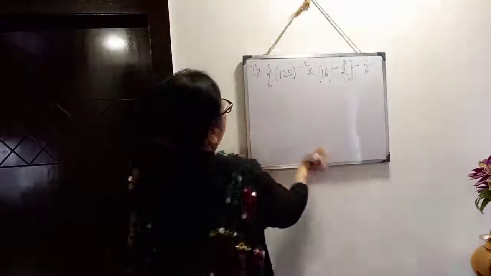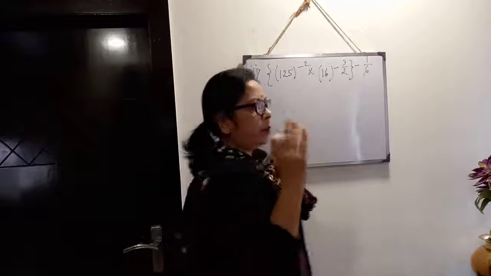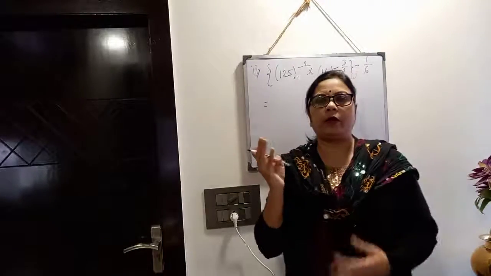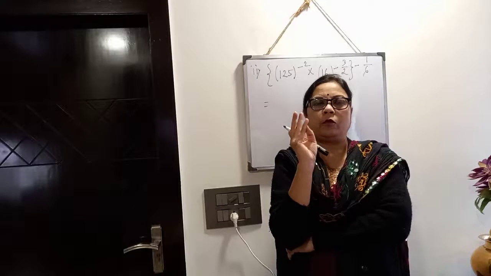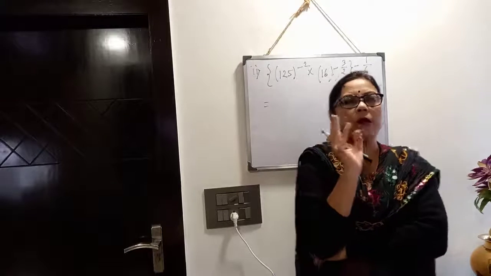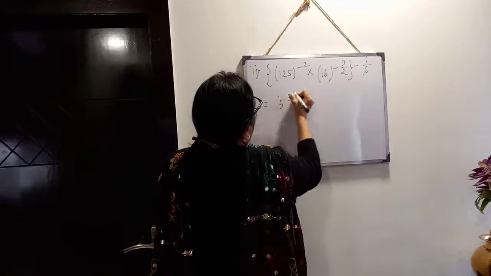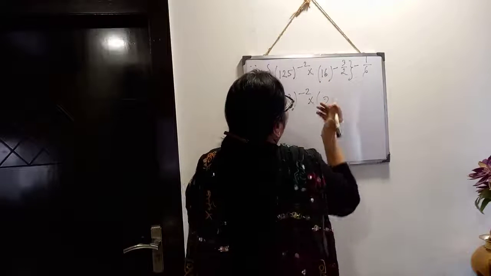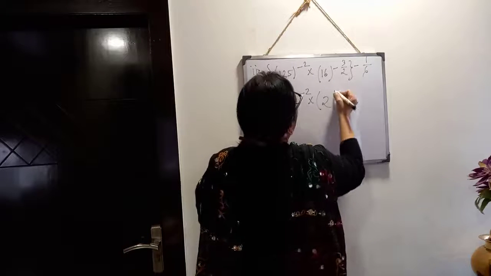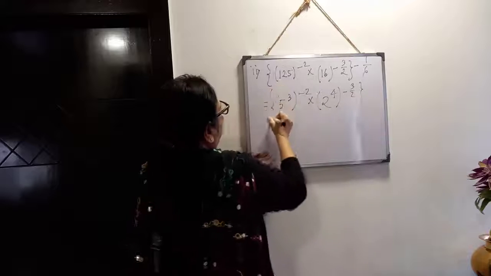So here first we'll open this. 125 in terms of 5: 5 5s are 25, 25 5s are 125. So 5 cube. Clear? So in place of 125, we can write 5 cube, and the power is minus 2. Here 16, you know, is an even number, so 2 to the power 4, 2 4s are 8, 2 to the power 4, to the power minus 3 by 2, whole to the power minus 1 by 6.